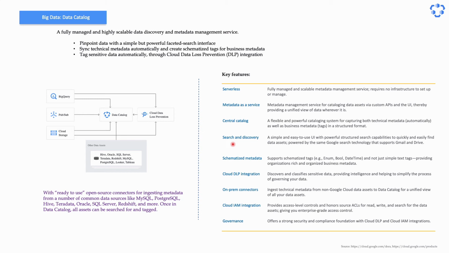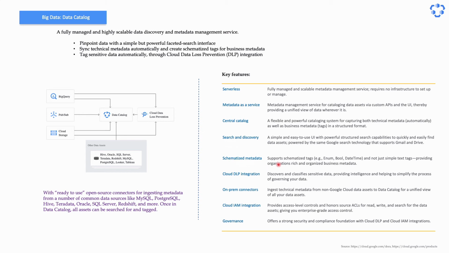So there are a lot of products in the industry which only specialize in search and discovery of metadata. So having a data catalog as part of Google ecosystem and completely serverless takes away a lot of the heavy lifting that you need to do in terms of using any of the other commercial products.